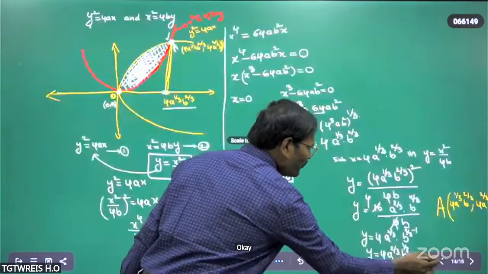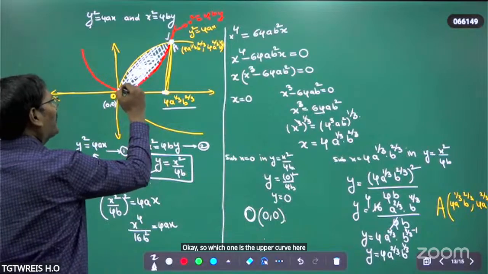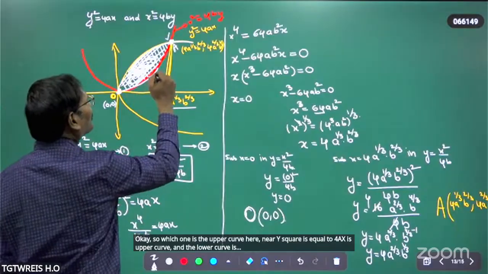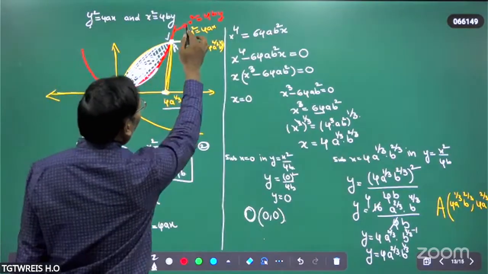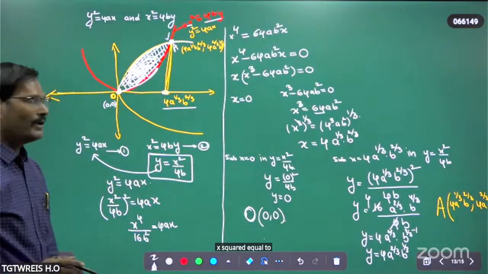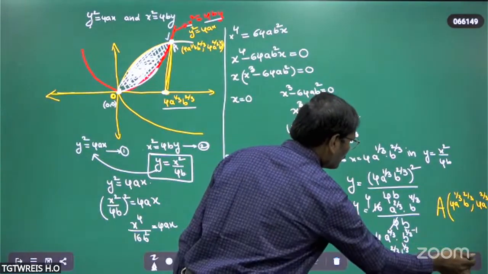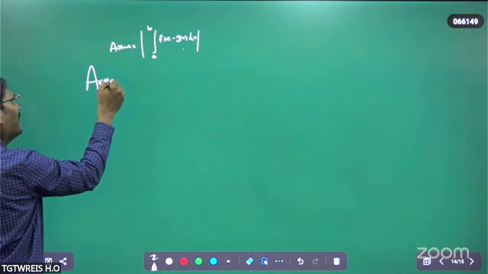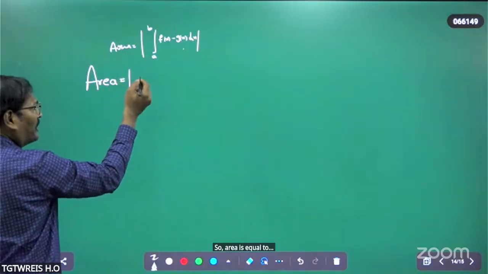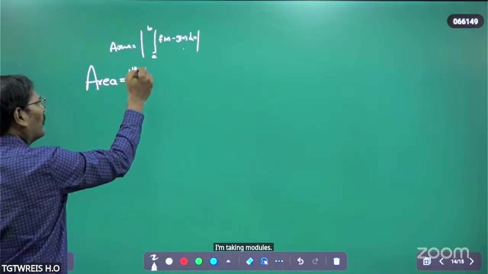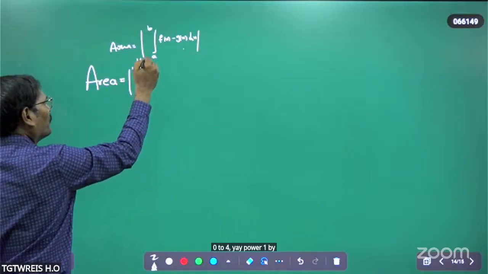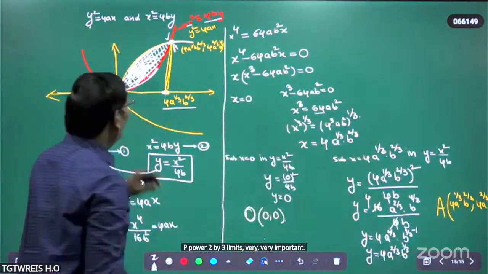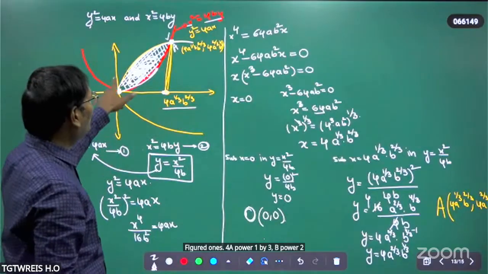Okay. So which one is the upper curve here? Here y square is equal to 4ax is the upper curve and the lower curve is x square equal to 4by. So area is equal to, I am taking modulus, 0 to 4a^(1/3) b^(2/3). Limits are very, very important. Check it once. Now I am taking the upper curve.